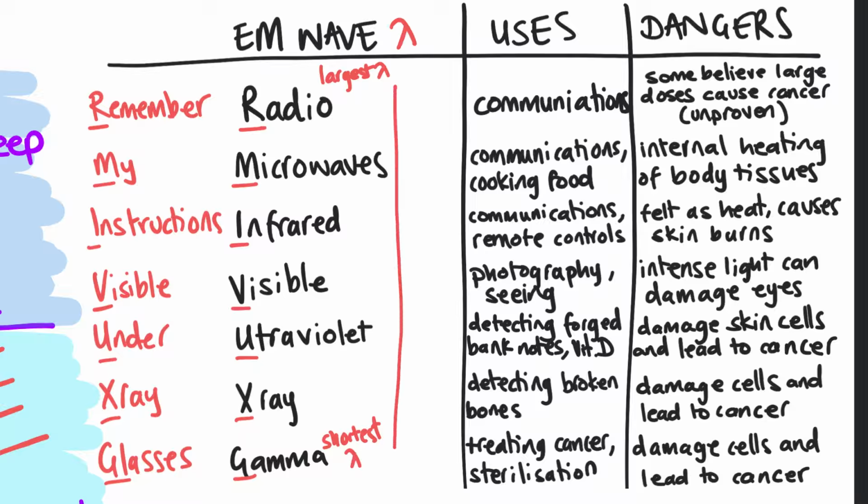So going from gamma through to radio, our wavelength is increasing. Or if we go from radio to gamma, then it's decreasing. So this list is showing us the waves of the electromagnetic spectrum in terms of decreasing wavelength.